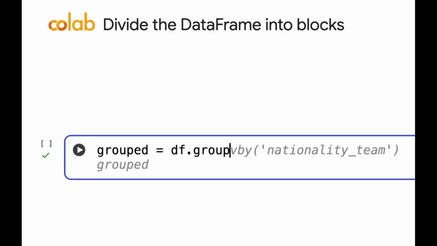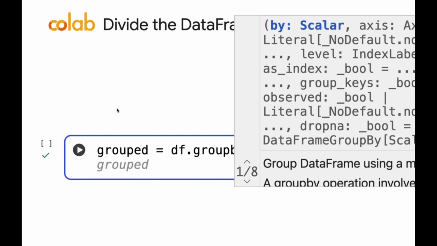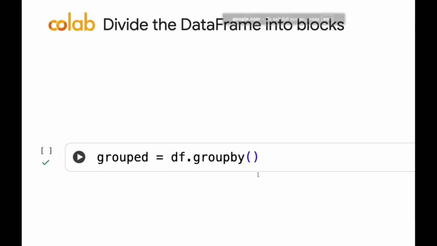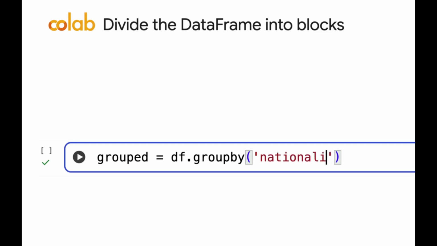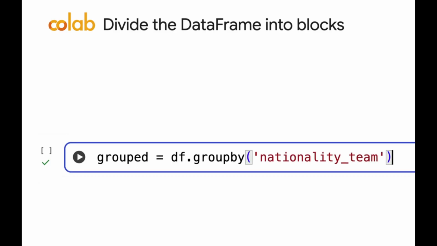This is going to divide all those records into groups. But you need to tell the function how you would form the groups or blocks, so you just provide the name of the column based on which you would like to perform the grouping. Remember, we have this last column called nationality team. If this column has the same value for different records, they are in the same group.